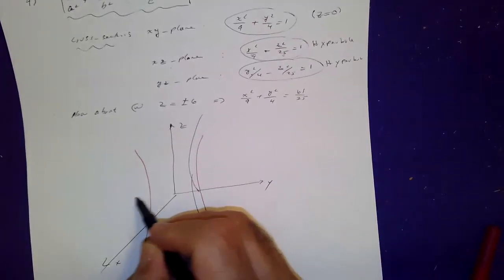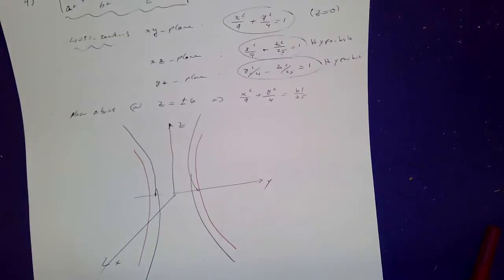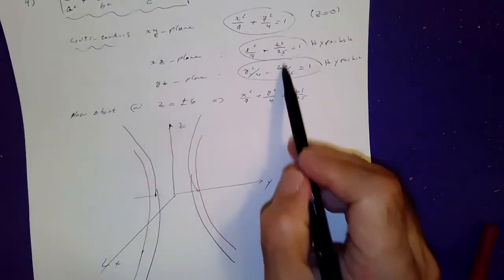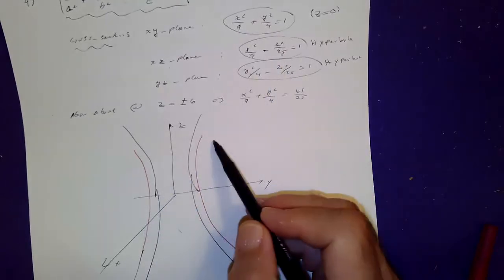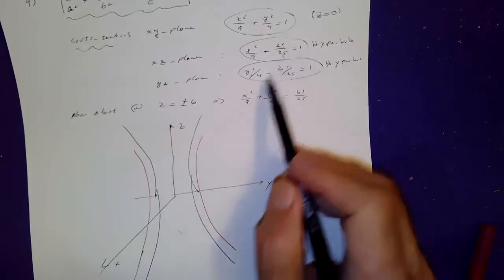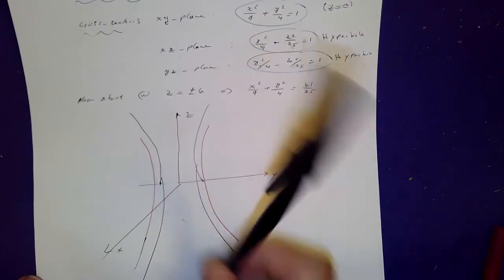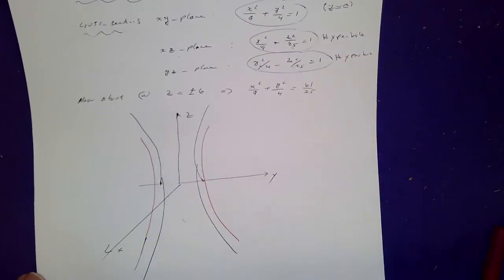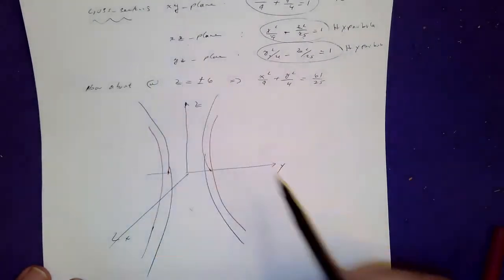Okay, kind of like this. And these are the two hyperbolas. One of them opens along the x-axis. The other guy opens along the y-axis. So pardon my graph, that's basically a rough graph of this surface.